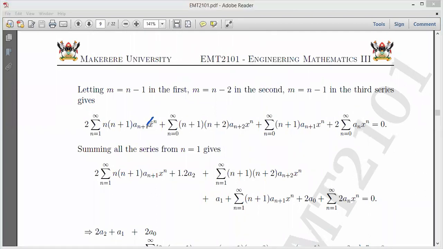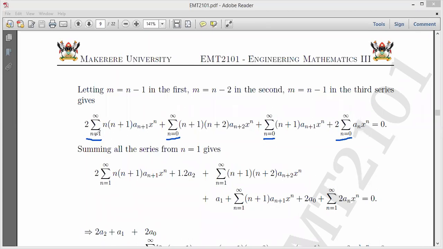Now we have n. This is x to the n, this is x to the n, and this is x to the n. Now we have a small problem. That is the limit. This one runs from 0, this one runs from 0, this runs from 0. But the problem is this one runs from 1.